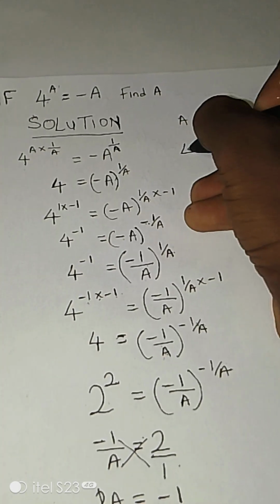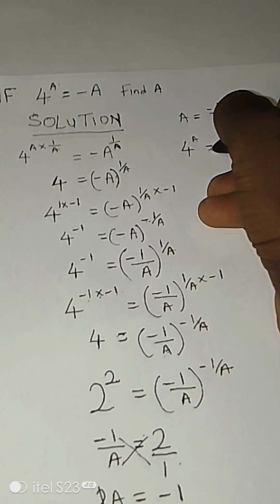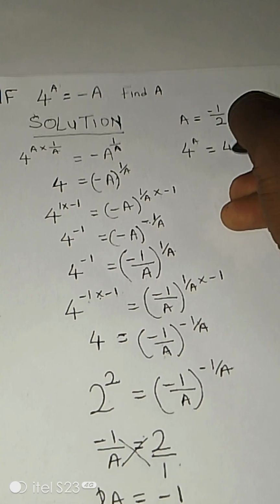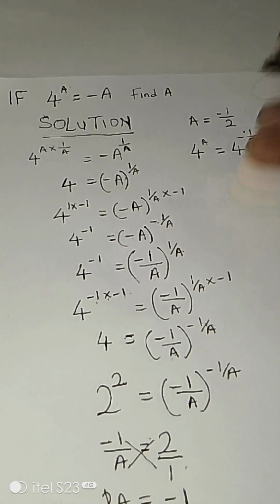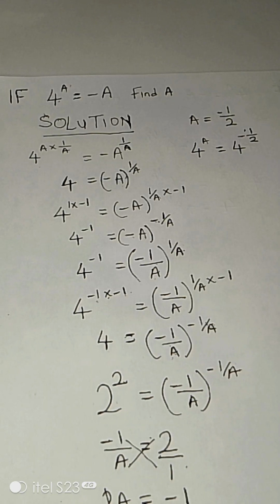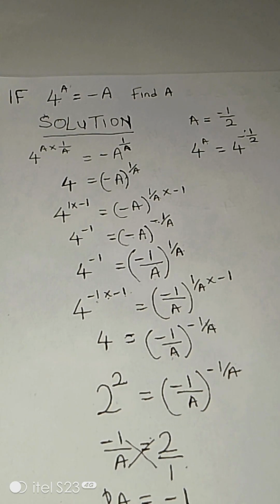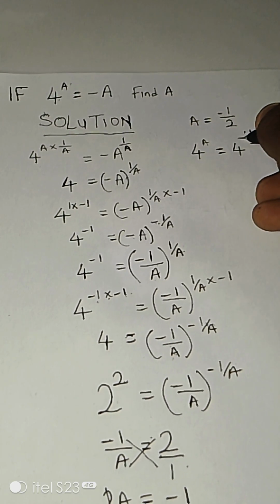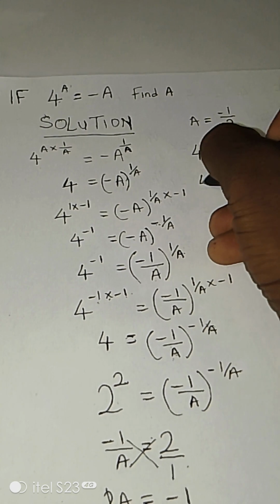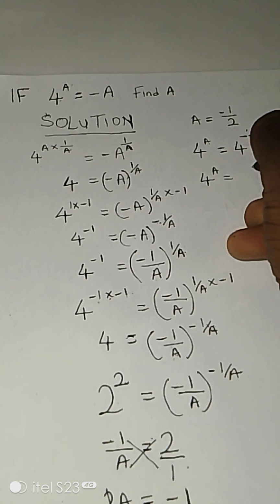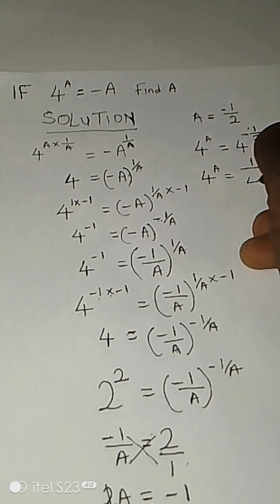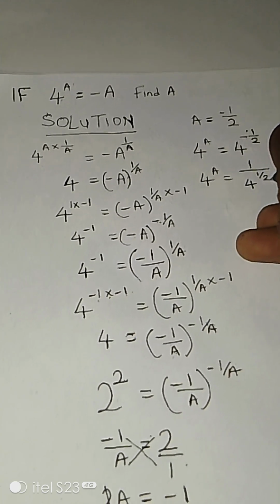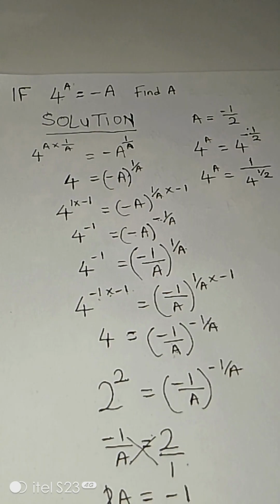What will be 4 raised to power a will be 4 raised to power minus 1 over 2. First of all, this minus will become what? Minus will become 1 over 4 raised to power half. The minus has changed to 1 over. I hope that is clear.